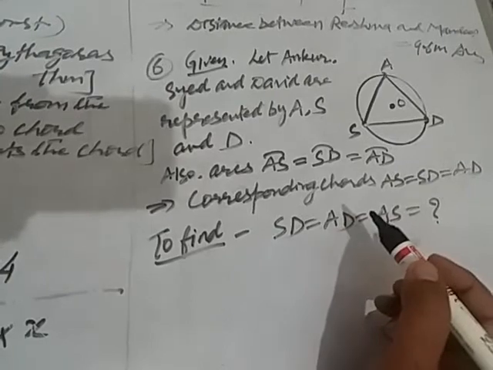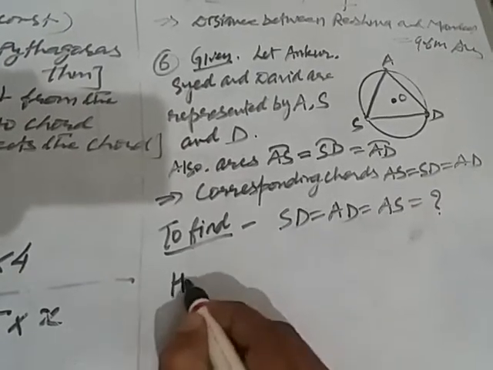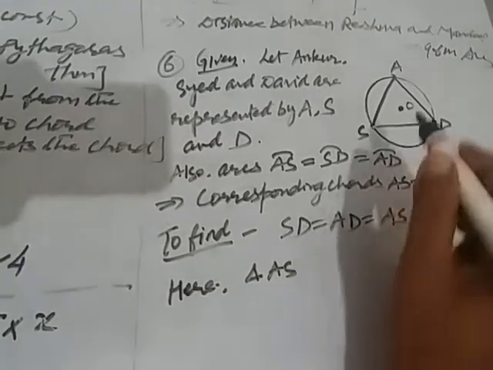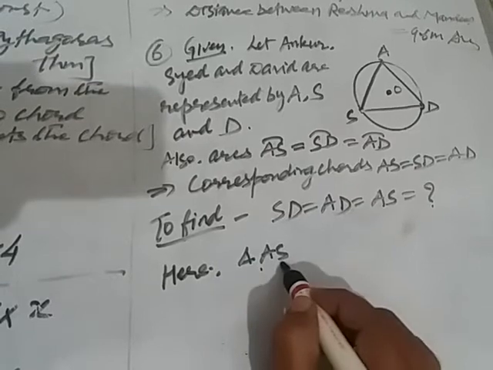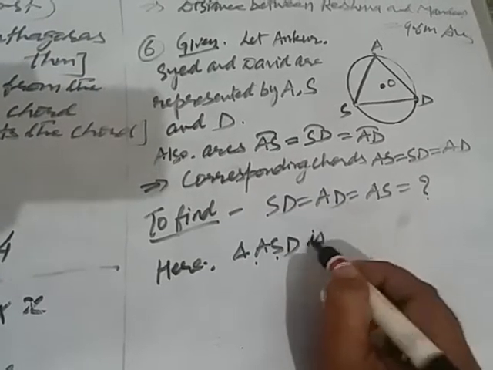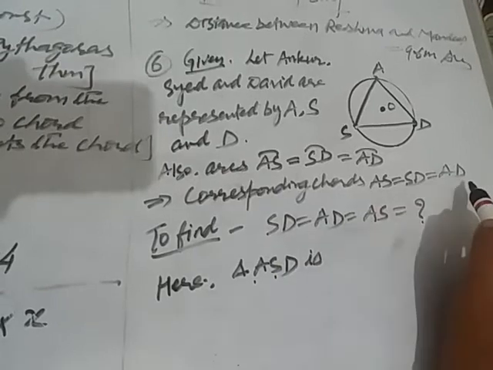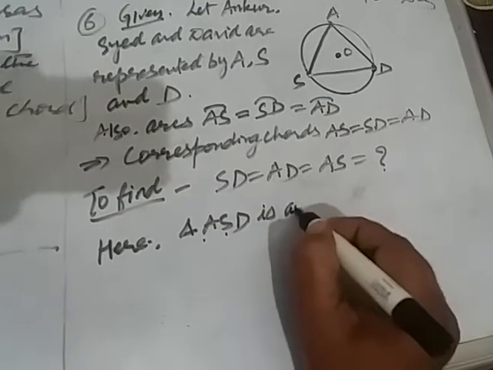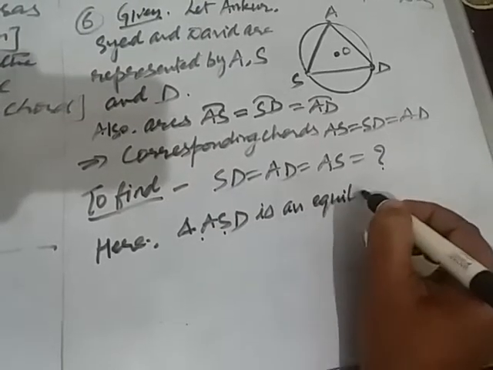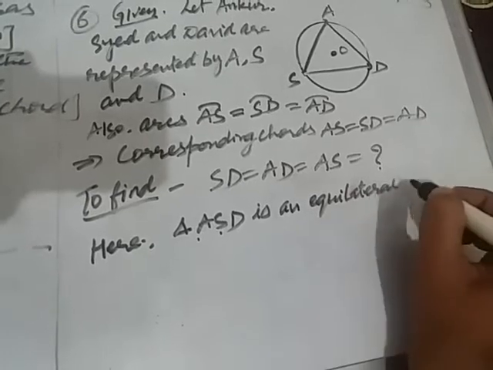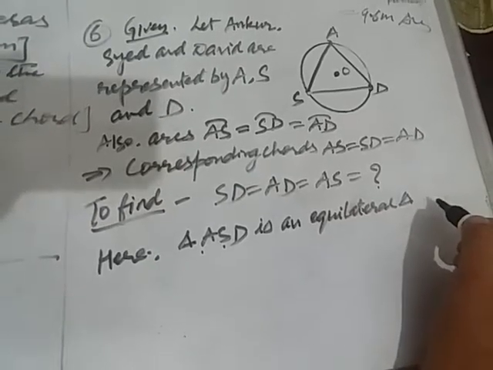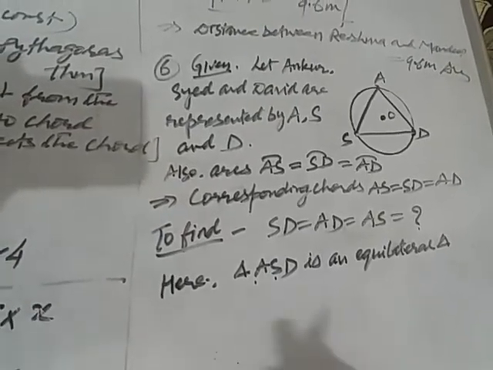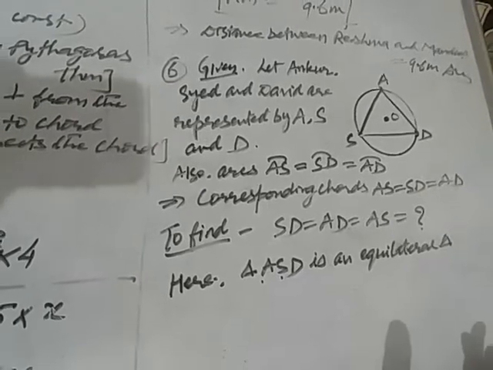Here, since AS equal to SD equal to AD, it means triangle ASD is an equilateral triangle.